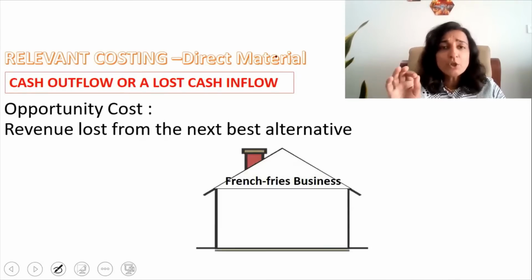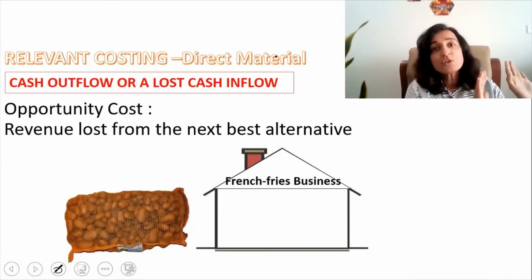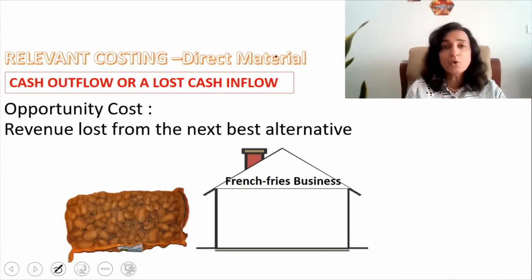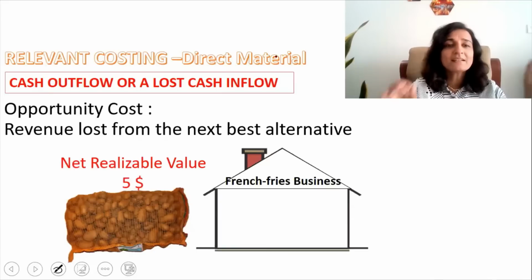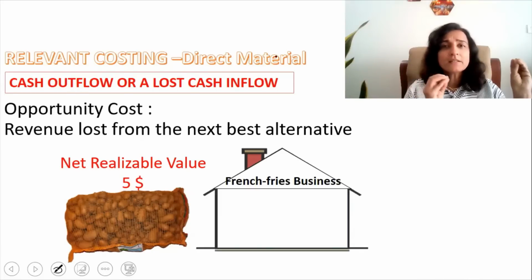Now suppose you are going to start a French fries business and you have a stock of old potatoes lying in your godown, and you are actually planning to sell it as scrap in the market where you will get a net realizable value of $5. What do you mean by net realizable value or NRV? It is the amount that you get when you sell this potato in the open market. Okay, so you get a net realizable value of $5.